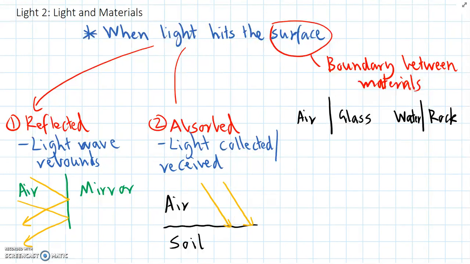And what we find is that when light is absorbed, it heats up the material that it is absorbed into. So absorption heats up materials. That's why you feel warm when you're standing out in the sun, because you're absorbing the sunlight.